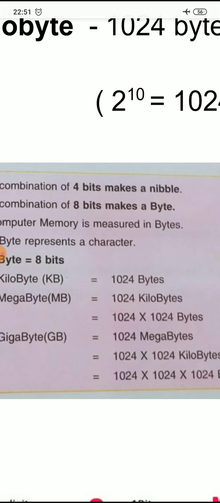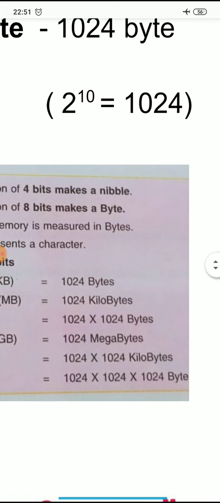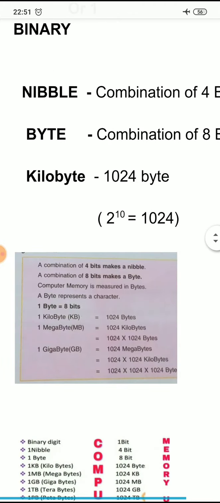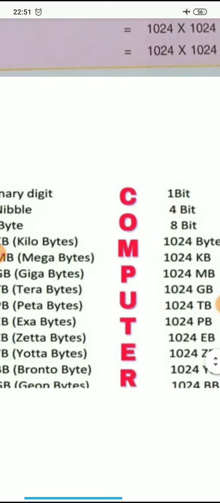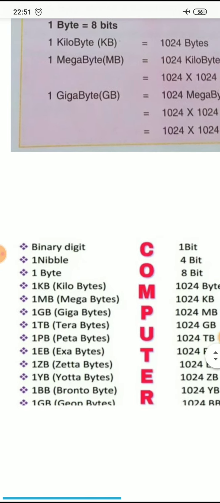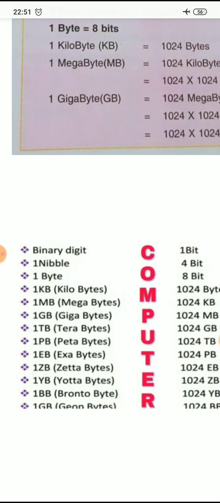So 1 GB is equal to 1024 megabytes, meaning 1024 into 1024 kilobytes, meaning 1024 into 1024 into 1024 bytes.